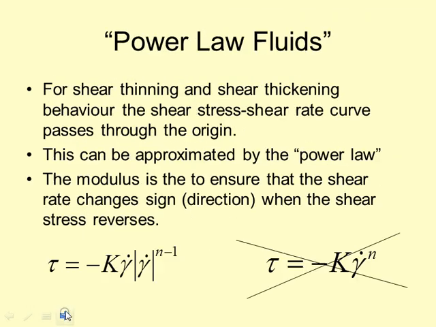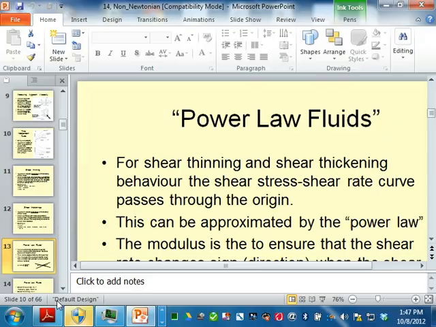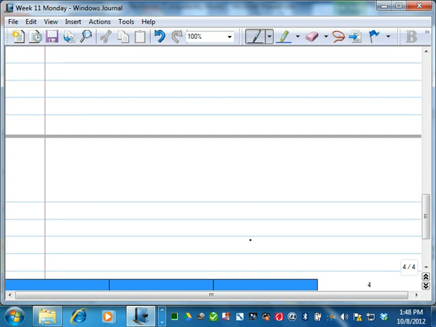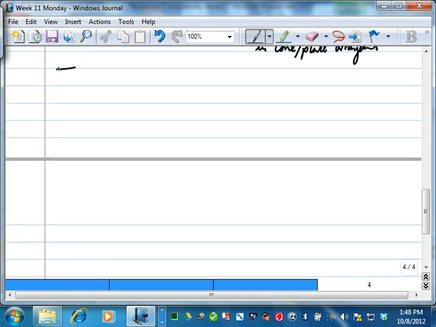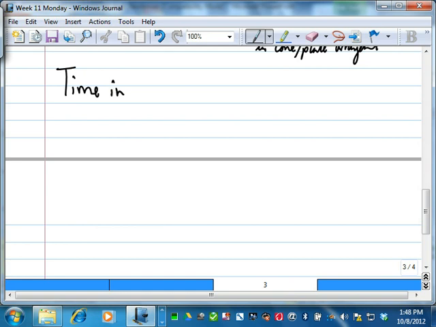So this is the simplest law. I better write here. For time-independent fluids, the simplest model is the power law.